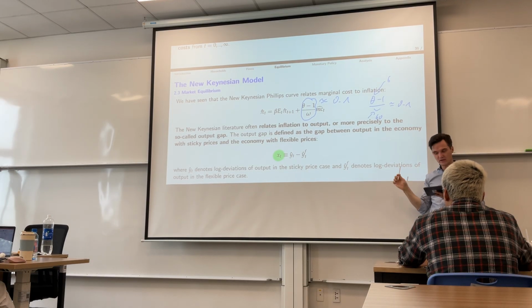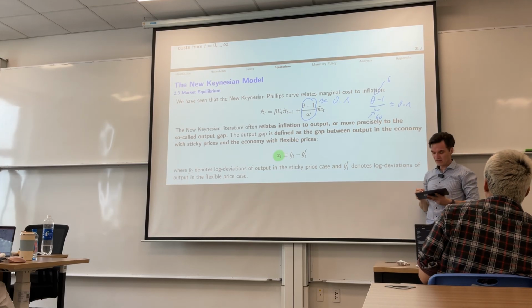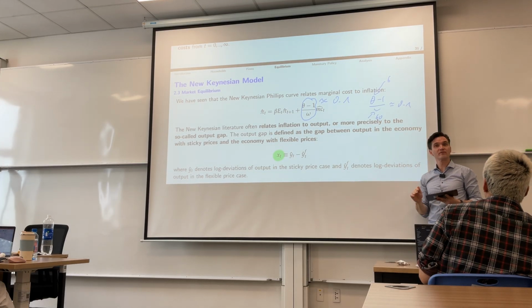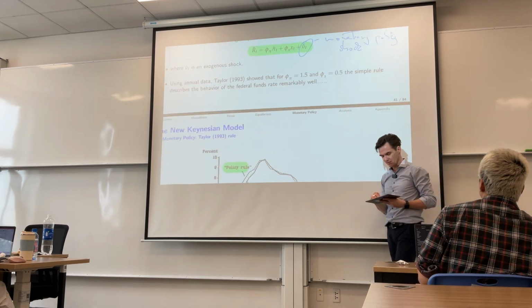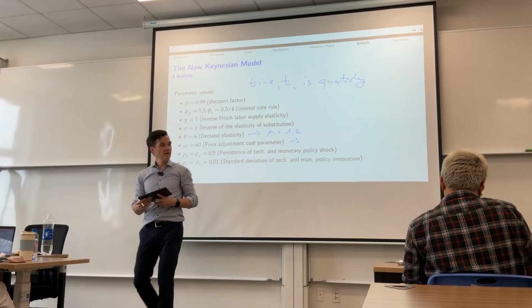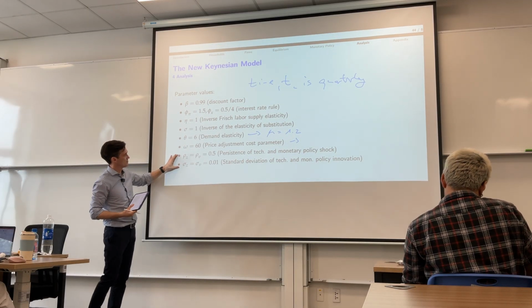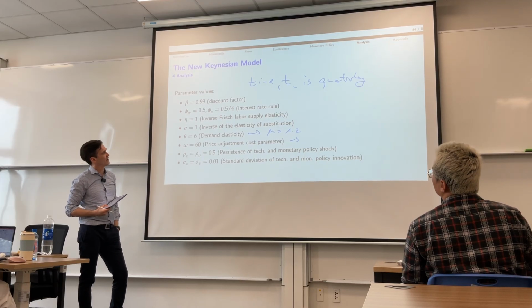But long story short, the reason why omega is set to 60 is to get the slope of the Phillips curve. That's, so to say, the discipline that is applied here in terms of this model. And then the autocorrelation coefficients and the standard deviations of shocks are just set to standard values.